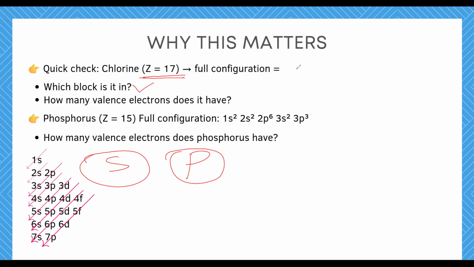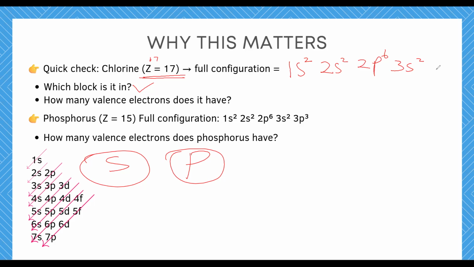What is the electronic configuration? We start with 1s2, right? And then 2s2, right? Remember, the atomic number is 17. In other words, we have 17 electrons. Then we have 2p6, right? Then after 2p6, we have 3s2. How many do we have now?